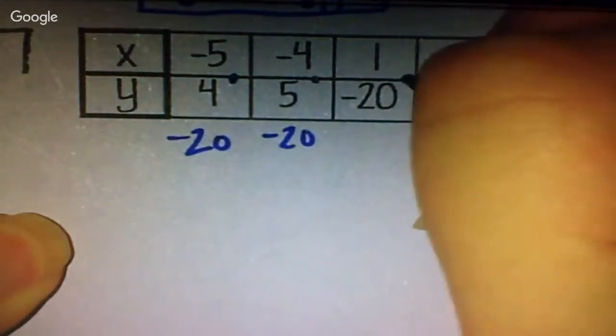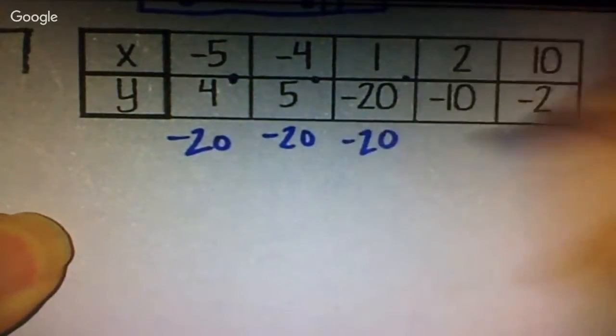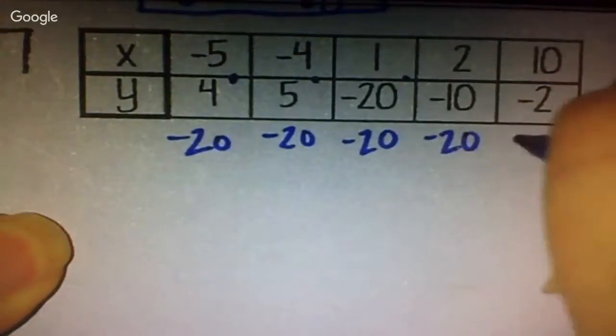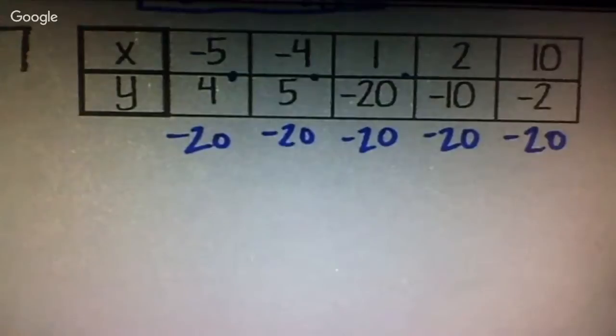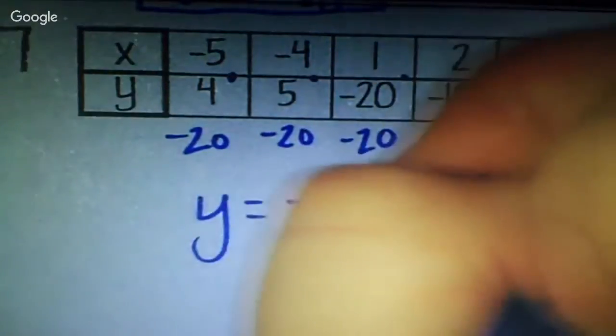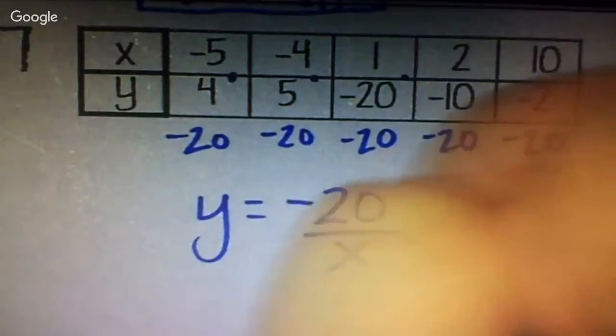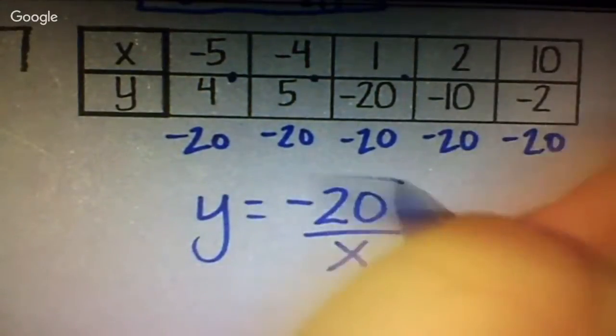So if I multiply -5 times 4, -20, -4 times 5, 1 times -20. -20, -20. So that tells you that this is inverse, because when I multiply the values, they're all the same. They have all that same k value. So my equation is y equals -20 divided by x.